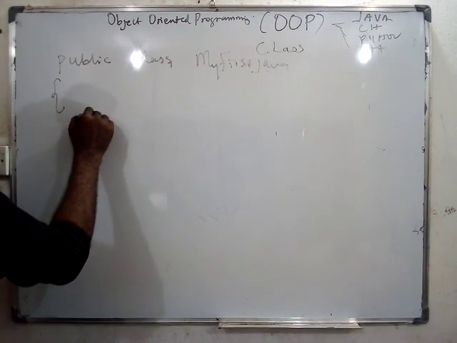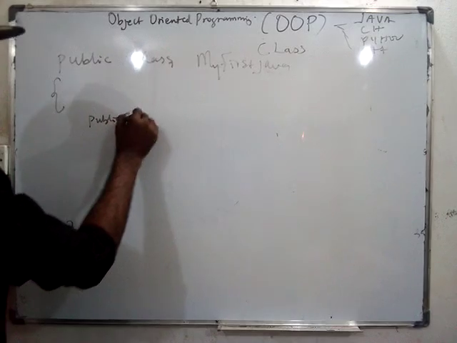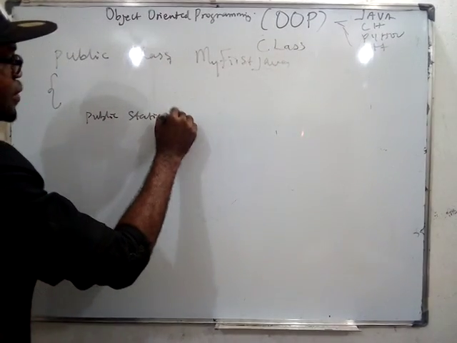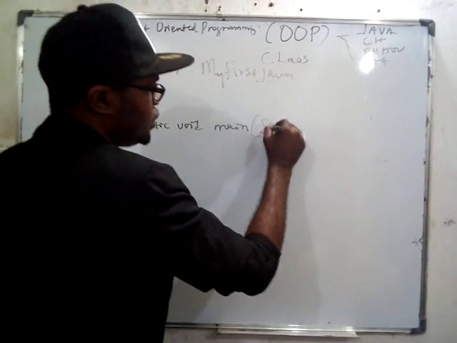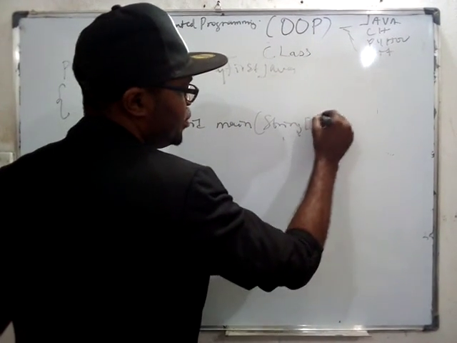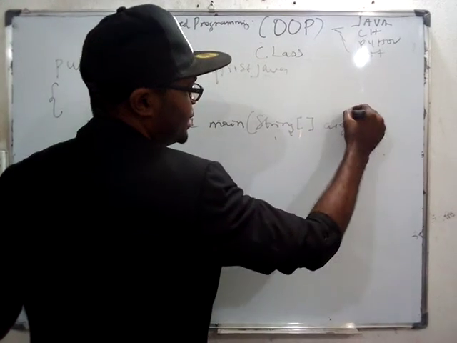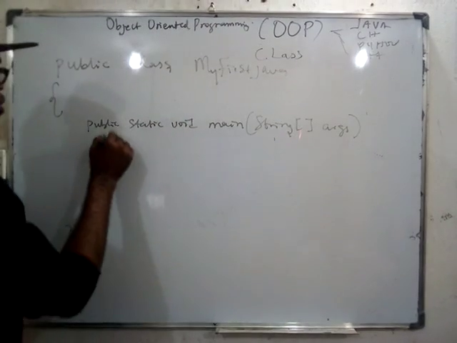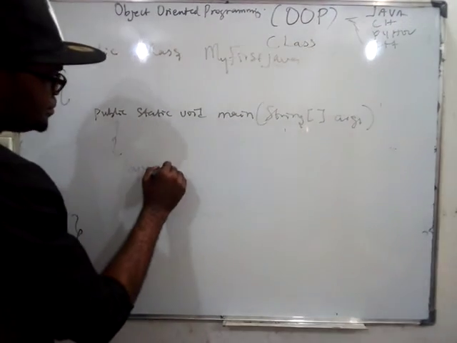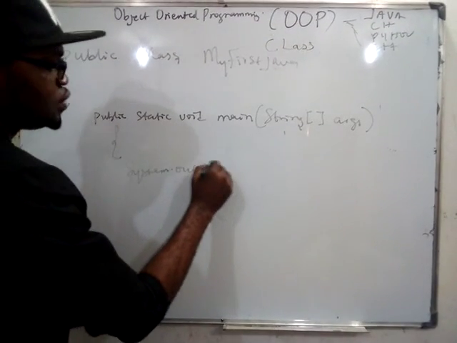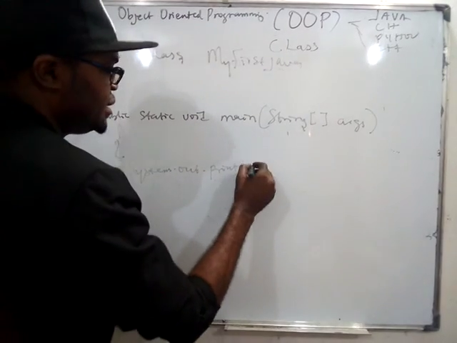So you have a function, public static void main. In brackets you write String, and you put this sign and write args. You open another curly bracket, then you write System.out.println.